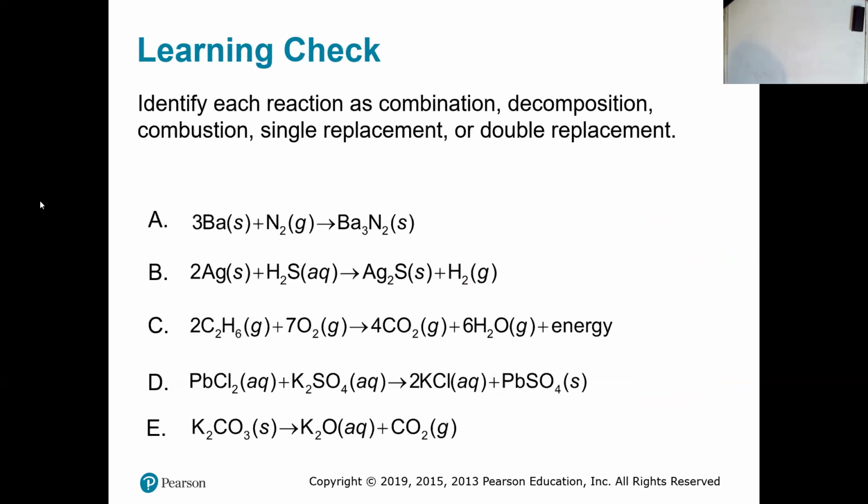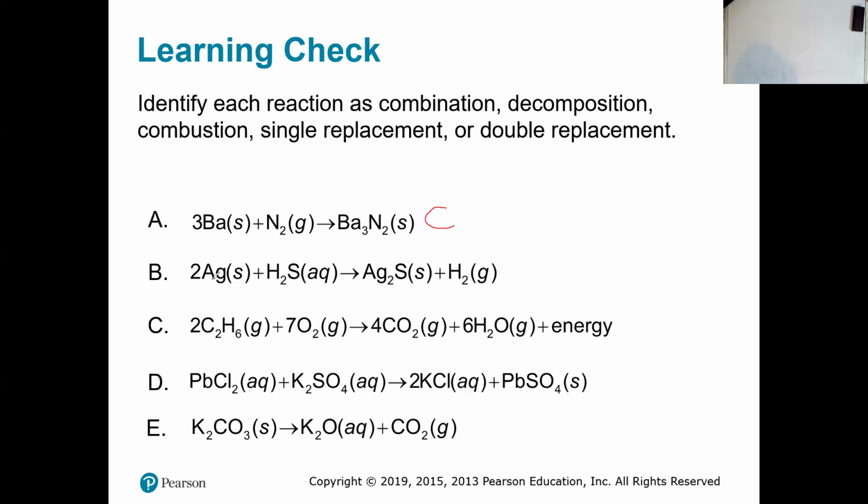Okay. A few more. Again, I would recommend taking a second and just trying these out if you haven't. Our first one, we have barium and nitrogen separately, and then they combine to make barium nitride. They're combining to make something bigger, so that's a combination reaction.